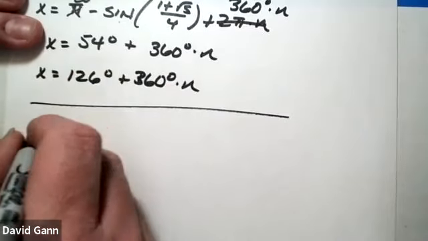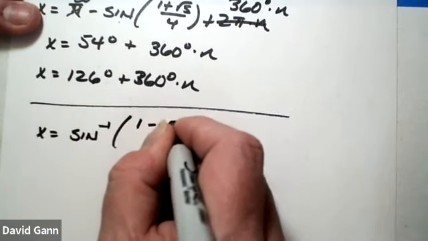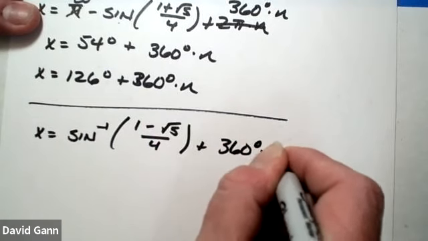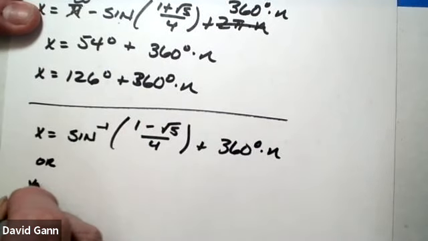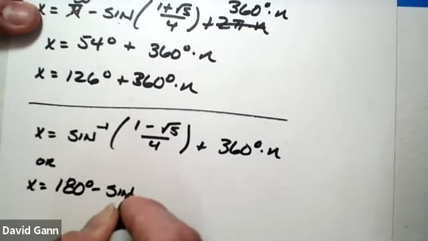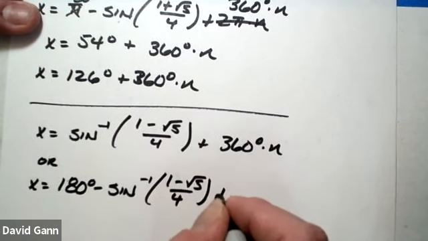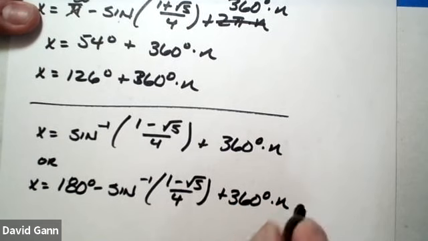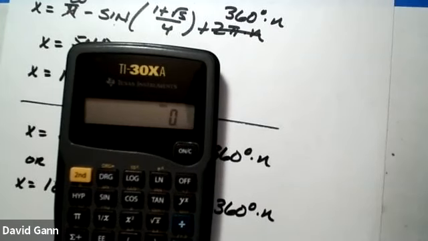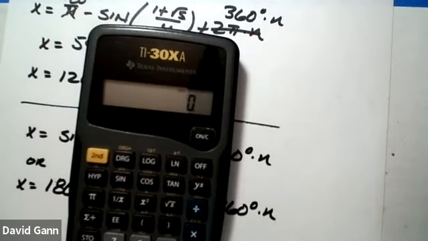So for the other branch, we have x is equal to the inverse sine of 1 minus root 5 over 4 plus 360 degrees times n, or x is equal to 180 degrees minus the inverse sine of 1 minus root 5 over 4 plus 360 degrees times n. And let's do the same thing we did before. I think it's going to come out to like 18 degrees or something, because that's a ratio I do actually kind of recognize. But let's verify.